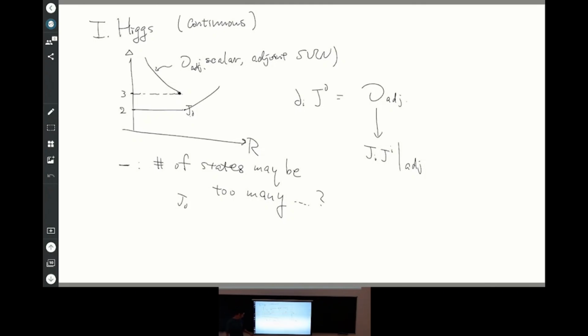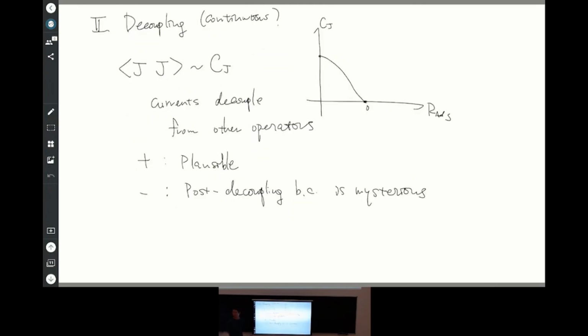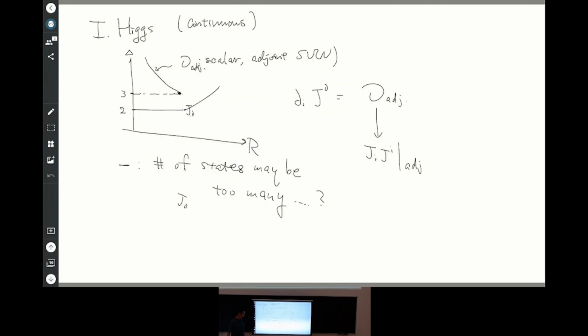I don't know any calculation that one could do, apart from the fact, say in the first scenario, that this operator is there, so it can happen, but why would it exactly happen?